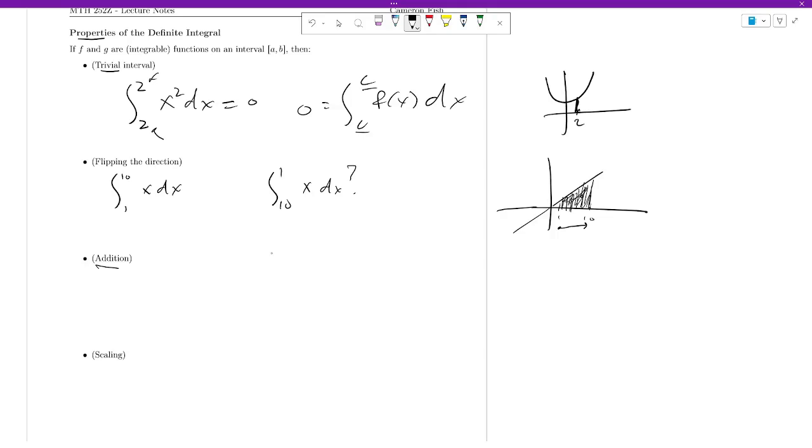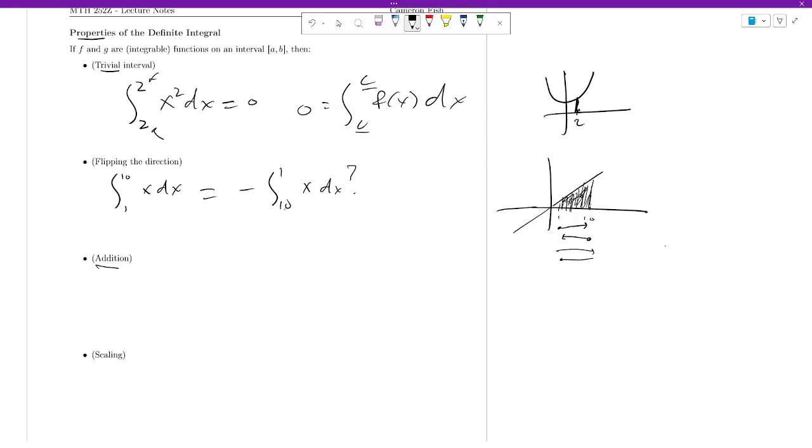It turns out a useful way to think about what the second one is doing is symmetrically. Since I'm at 10 at the bottom, I'm starting at 10, and I'm moving towards 1 instead. So I'm going from right to left, and perhaps I'm decreasing the area as I go, instead of increasing it. If I start at 1 and go up to 10 and then go back to 1, I should probably be at 0. That's the motivation for saying that this is just negative.